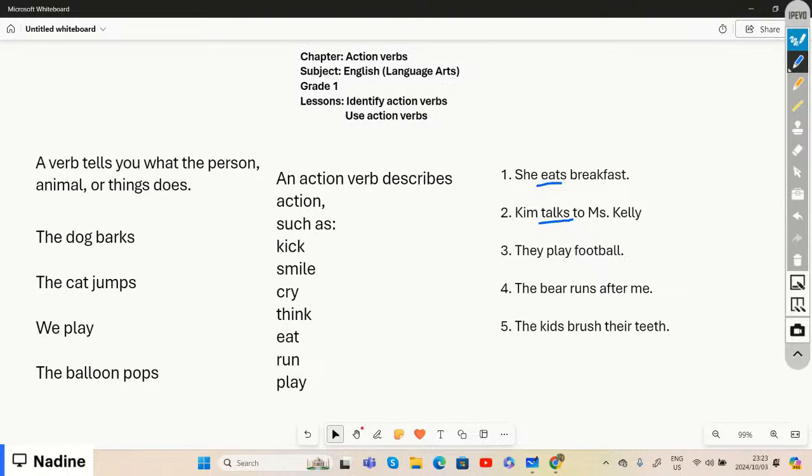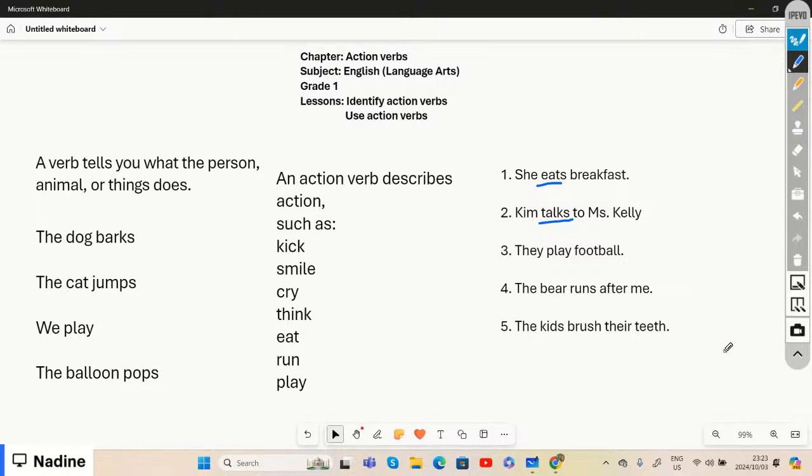And if we look at the next one, it says they play football. What is our action verb? We need to identify the action verb. So they play football. Number three.